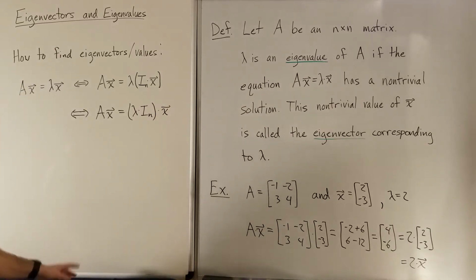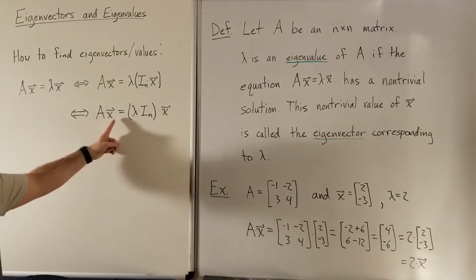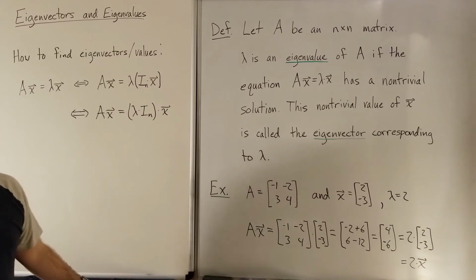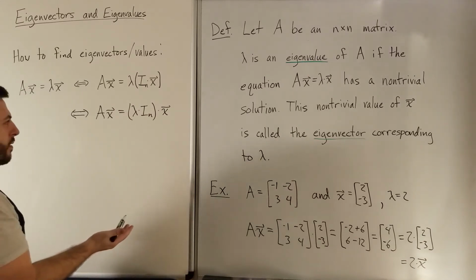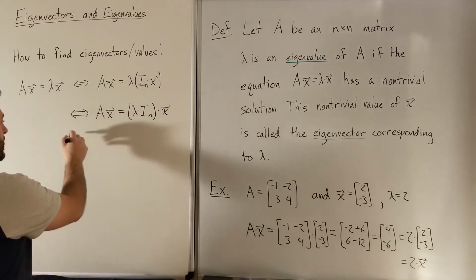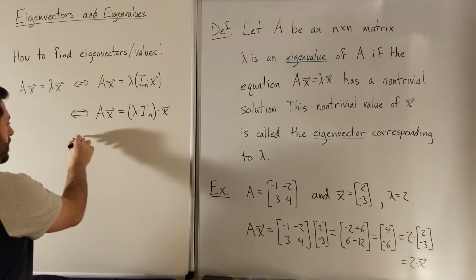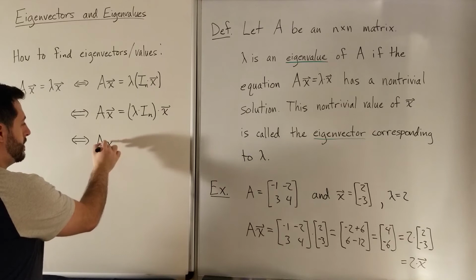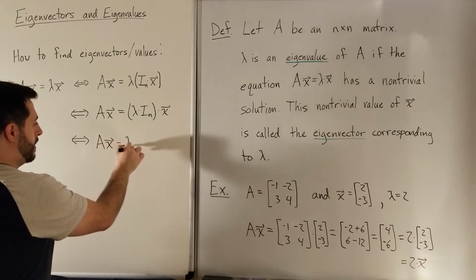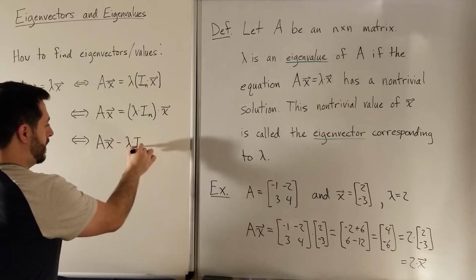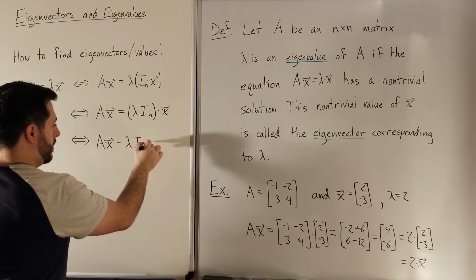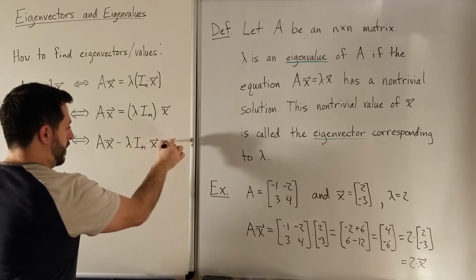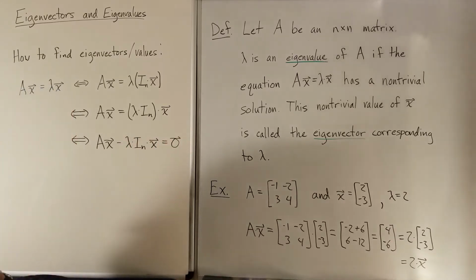And now we're solving this matrix times x is equal to this matrix times x. And we can subtract everything to the left-hand side. That's the same thing as saying Ax minus lambda times the identity times x is equal to the 0 vector.